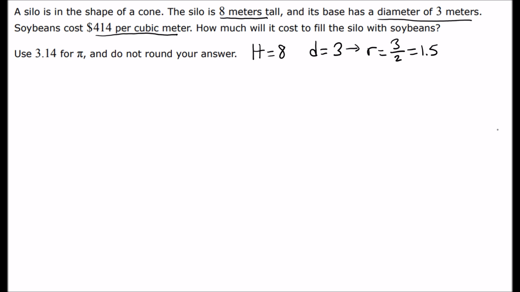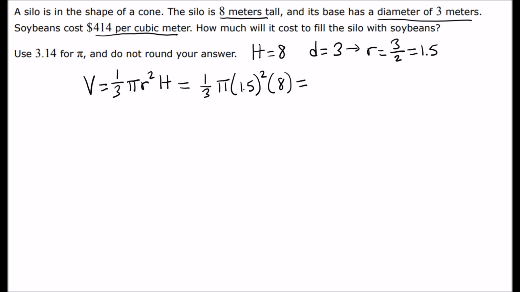All right, so we got the volume is 1/3 pi r squared h. So let's plug it in. So we get 1/3 pi times r squared, 1.5 squared, times h is 8. And we're going to plug in 3.14 for pi as well.